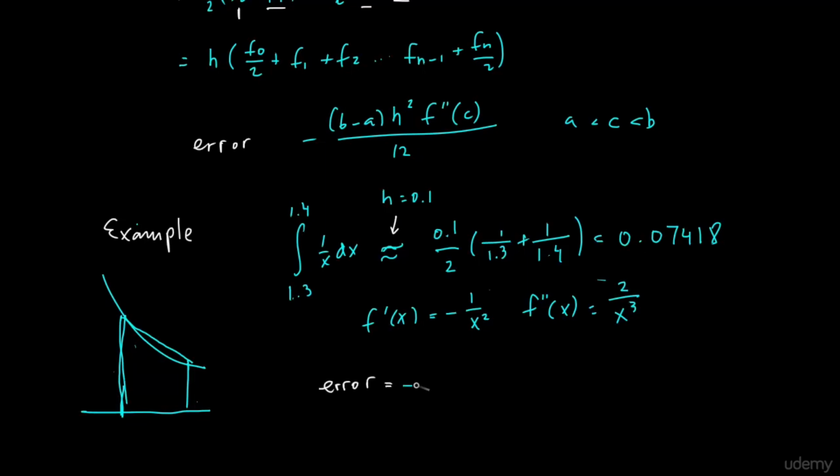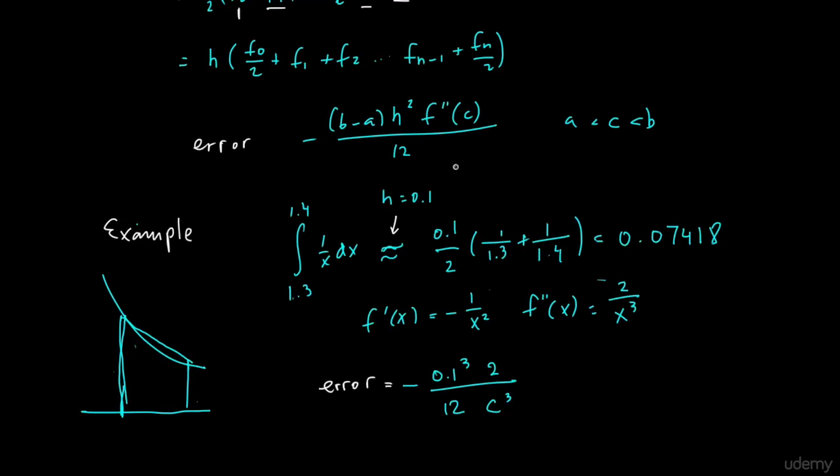Error is going to be equal to minus, and then b minus a is 0.1, but it's also multiplied by h squared, which is also 0.1 squared. So that's 0.1 times 0.1 squared, that's 0.1 cubed. And then it's divided by 12, and then we have 2 over c cubed.